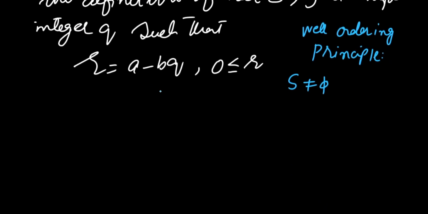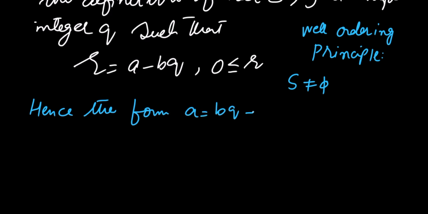Hence the form A is equal to BQ plus R, where R is greater than or equal to 0, exists.